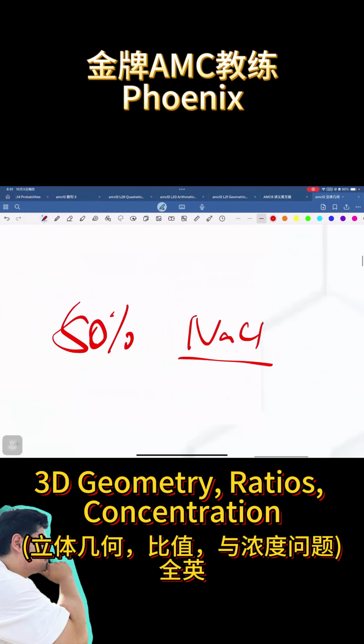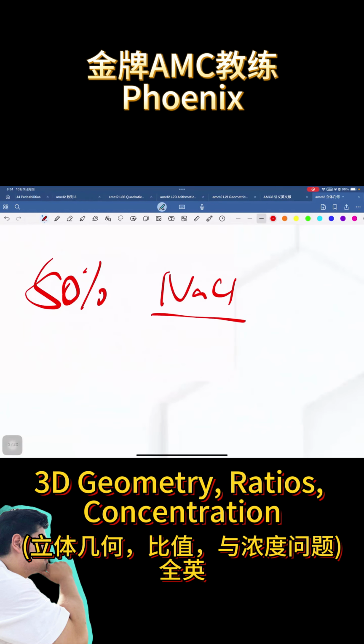Anyway, let's just think about sugar, right? A water that contains 50% of sugar, so let's call it sugar water.